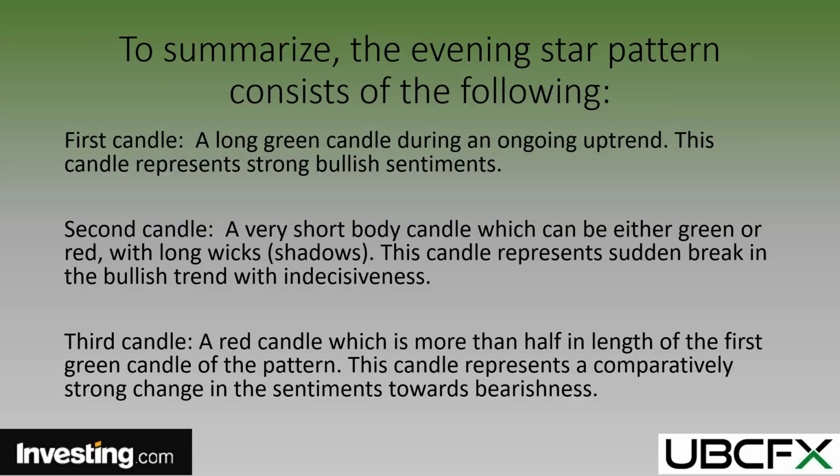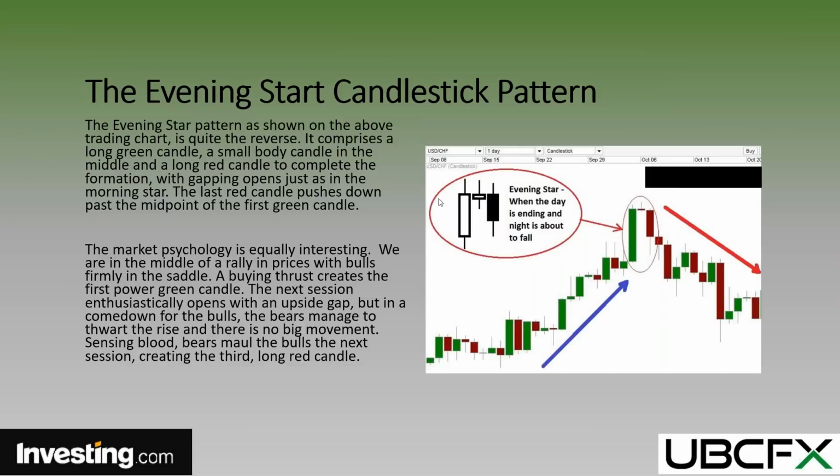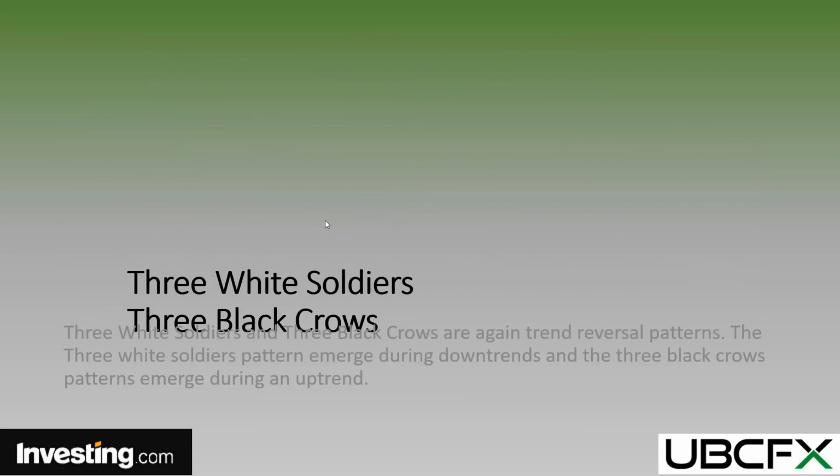This candle represents a comparatively strong change in the sentiment of the market. So you can see that up here in a little sketch, and then you can see it in the pattern. So an evening star only appears at the end of an uptrend. The morning star, which is the exact opposite, appears at the end of a downtrend.